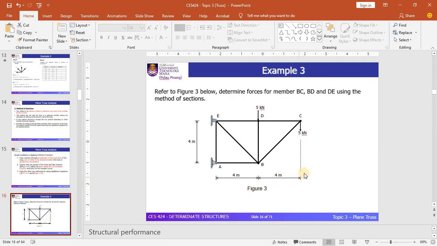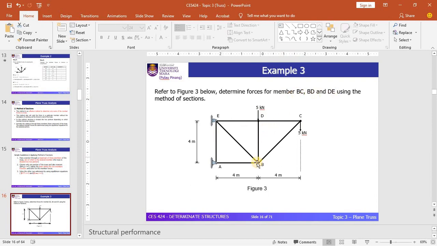This is the example that we're going to use to demonstrate the method of sections. You can see that this truss has a pin and a roller support at A and E respectively. The truss is loaded by point loads of 5 kN at joints D and C. The problem we want to solve is to determine the forces for members BC, BD, and DE.